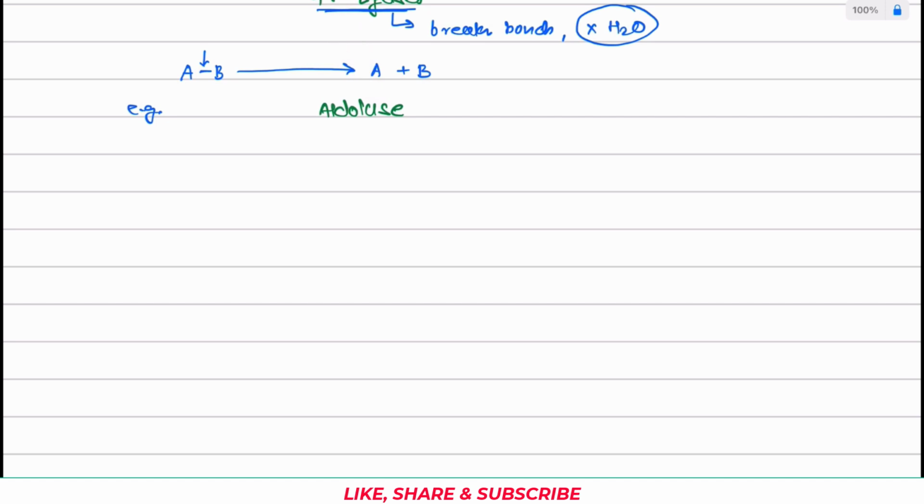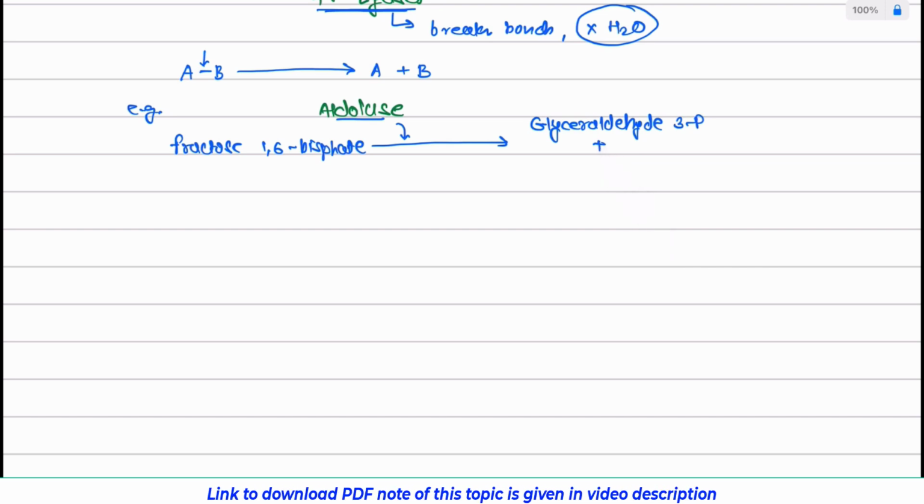What aldolase does is that it acts on fructose 1,6-bisphosphate, and it breaks it down into glyceraldehyde 3-phosphate and dihydroxyacetone phosphate.